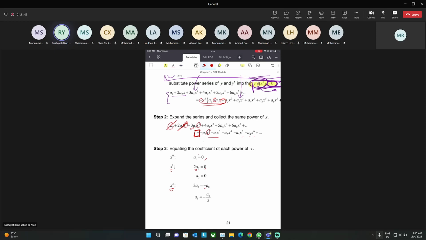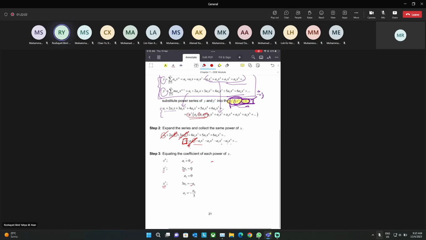Make sure you bring together this negative sign. So finished for this. Then x3, there is no x3 here. Here x3 equal to 4a4 equal to negative a1.